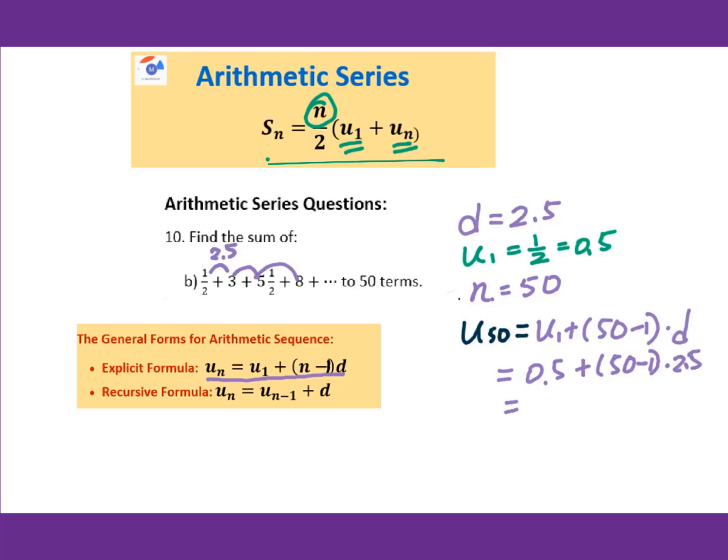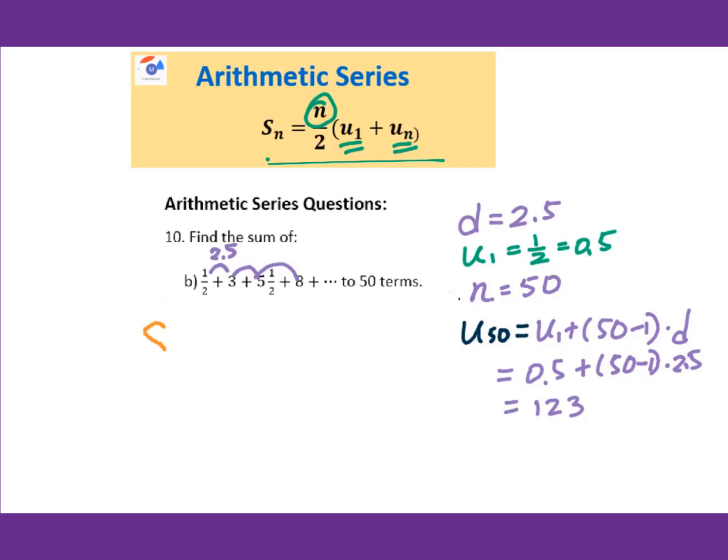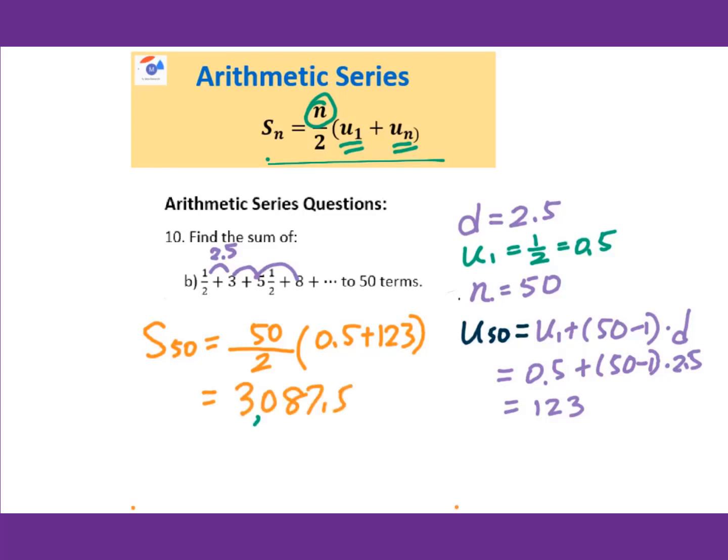We put it into a calculator and we get 123. Therefore, S sub 50 equals 50 over 2 times 0.5 plus 123. So we will get 3087.5.